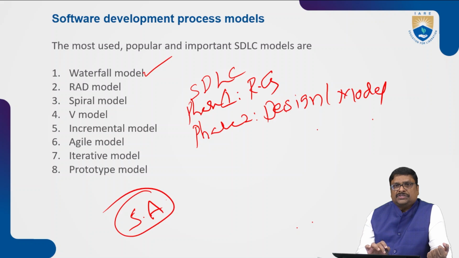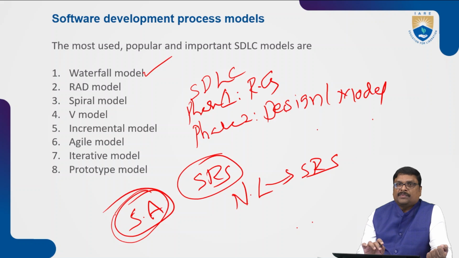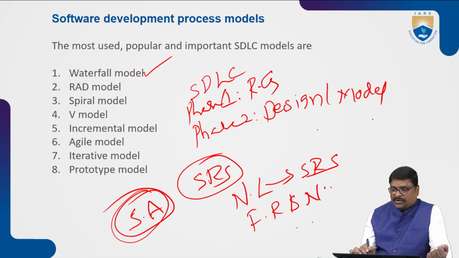He has to understand the SRS document, which is prepared using natural language and converted into the SRS document. The solution architect has to understand the requirements, functional and non-functional requirements.